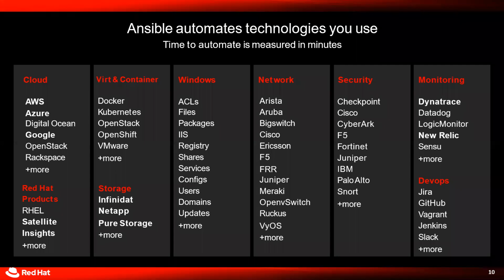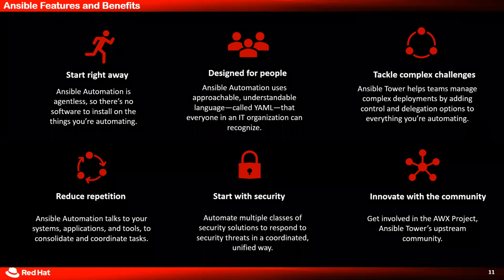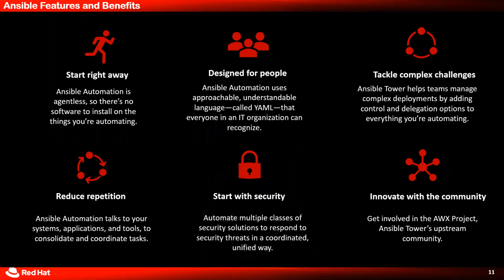So to understand what a module is and how a module is leveraged to automate a particular task. Okay, so moving on. These are some of the Ansible features and benefits. The first benefit is start right away.